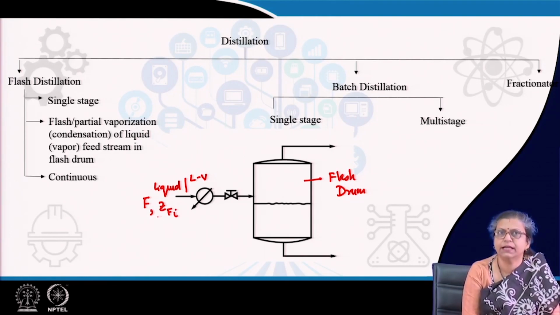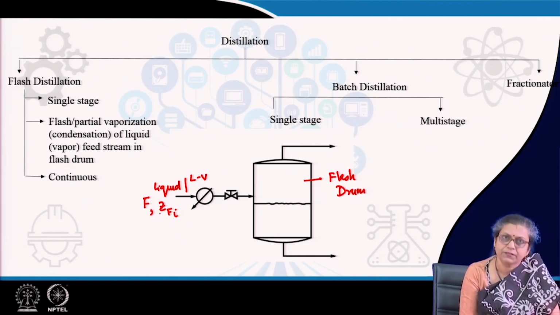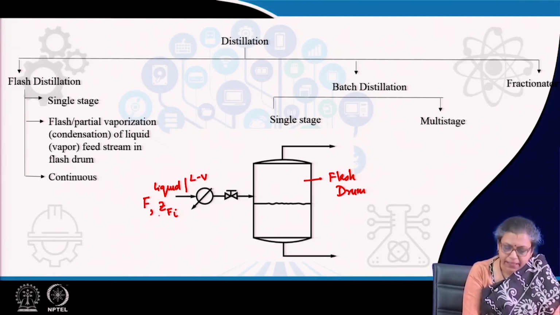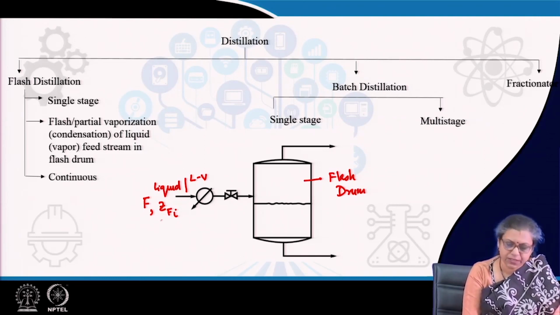The reason for selecting it as Z and not X or Y is just to show that the feed can exist in any of the phases. When it is only a liquid phase, naturally ZFi becomes equal to XFi, and when it is only a vapor phase, ZFi becomes equal to Yi, right.